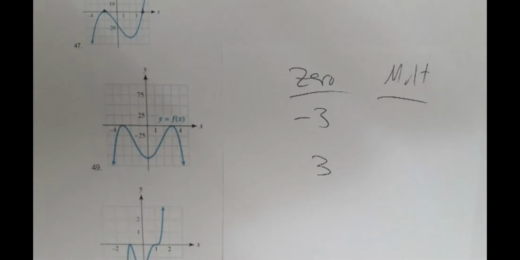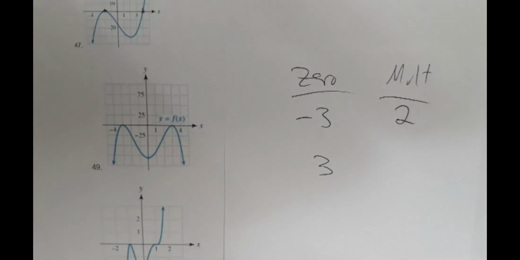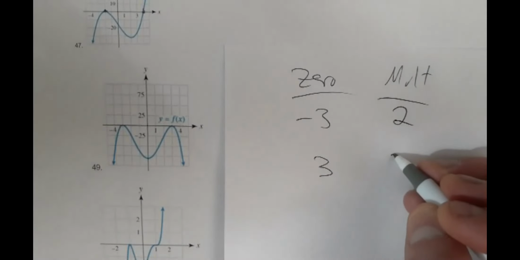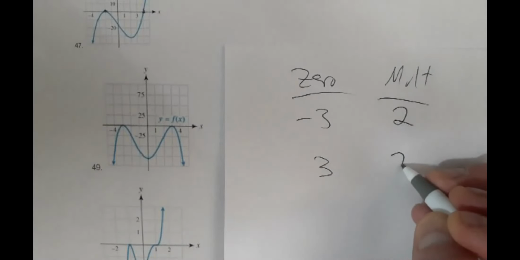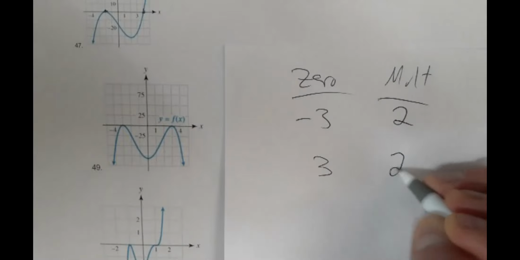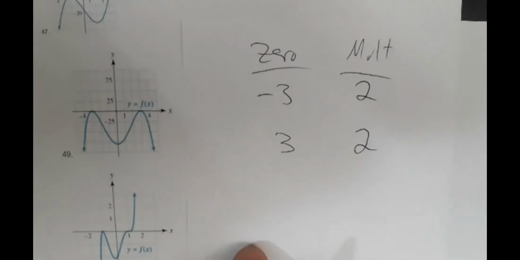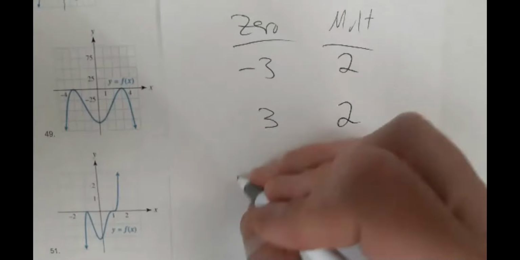What's my multiplicity on that -3? 2. It looks like a vertex on the axis and turning back around. What is my multiplicity on +3? Also 2.